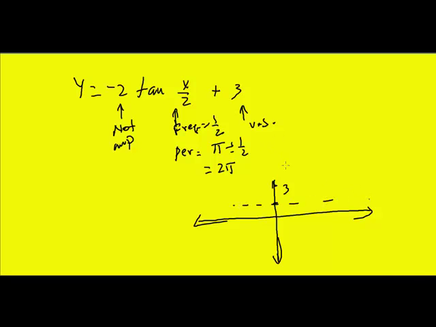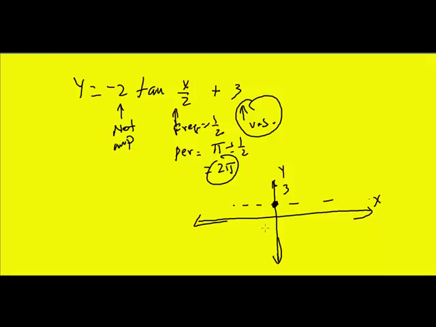Alright, it has no horizontal shift. Okay, so since it doesn't have an amplitude, I don't have a maximum, minimum, high value, low value. But my period is 2 pi. My tangent curve does go through the middle, which is my new middle here because of the vertical shift of 3.